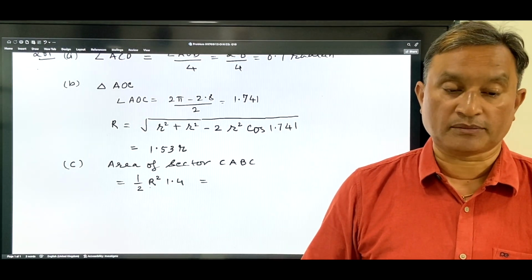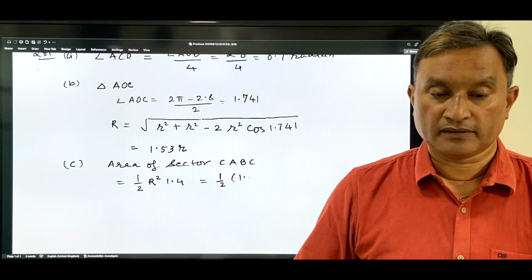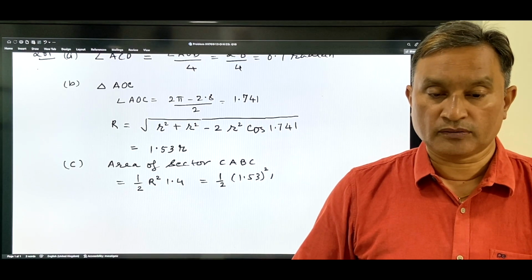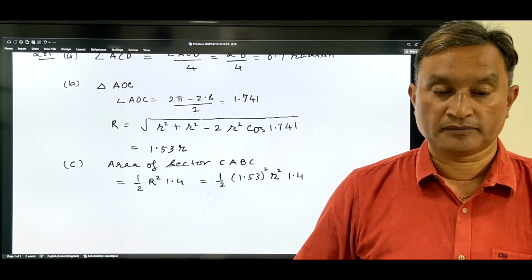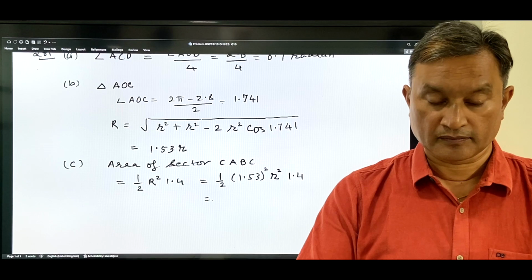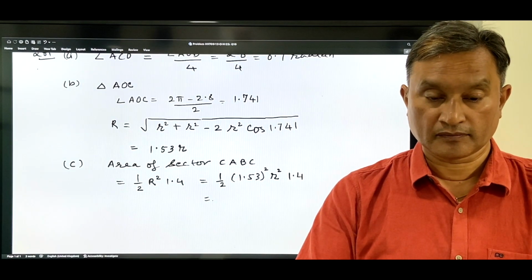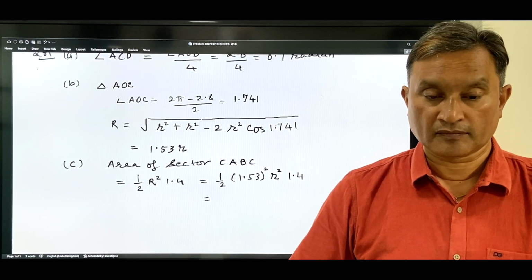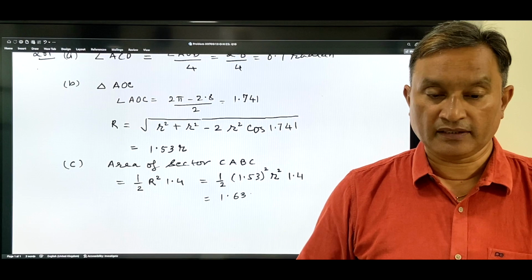Then from the part B we will substitute the value of capital R. So that is 1 upon 2, 1.53 square into r square into 1.4. So the answer would be 1.638 r square.